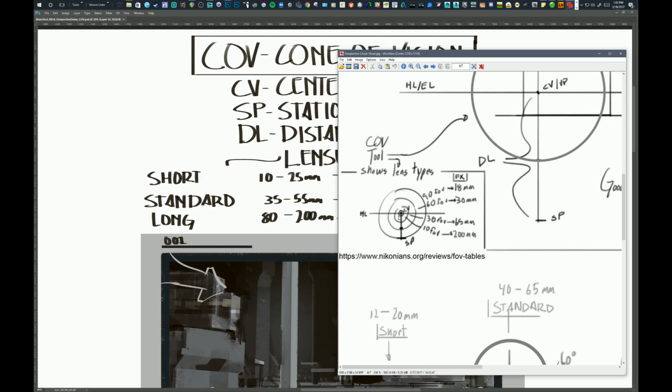Now if we want a long lens, and this will get kind of interesting in a second, we're looking at something like a 10-degree field of view. So between 10 and 15 degrees field of view is going to give you between 200 millimeter and 80 millimeter. So basically from the station point, we have our center line here.